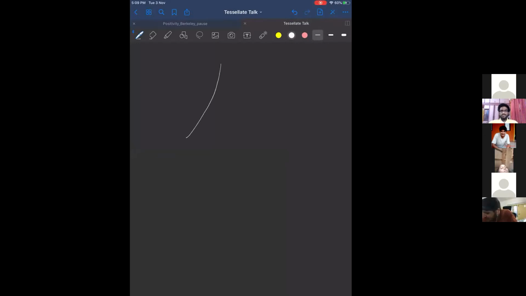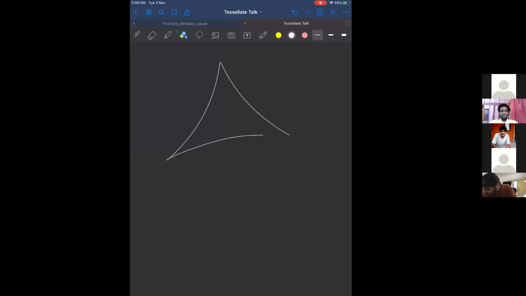So the idea is you have these curved triangles, right? Let me take this thin triangle. And this is actually a good exercise. You have these tangent directions, and then of course you change your tangent direction.